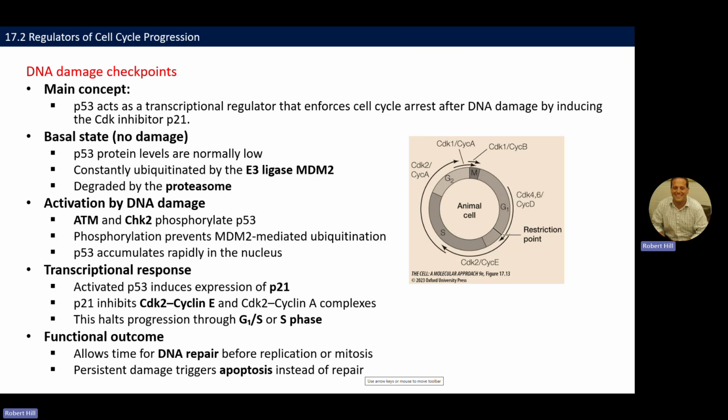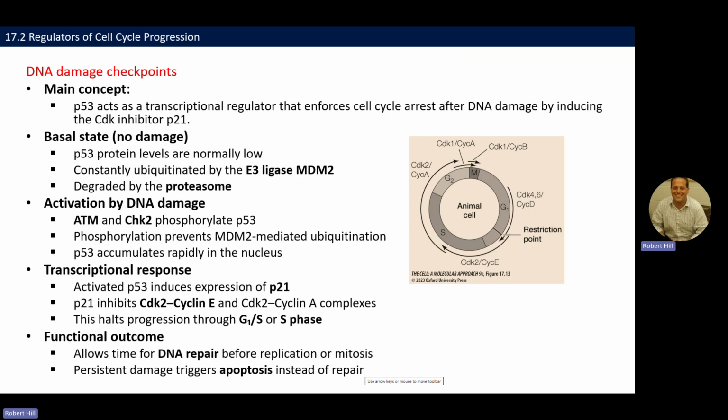So, anyways, increasing levels of P21 bind and inhibit CDK2 and cyclin E, very effectively halting cell cycle progression at the G1/S or S phase. All right, so this pause provides time for DNA repair, but maybe the damage is not repairable. Sustained P53 activity actually shifts the response from arrest to apoptosis.